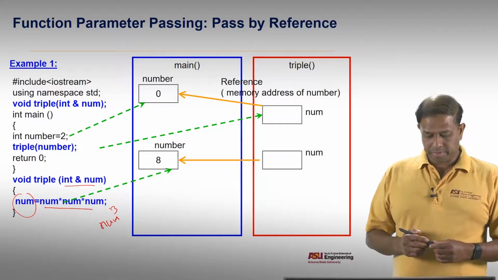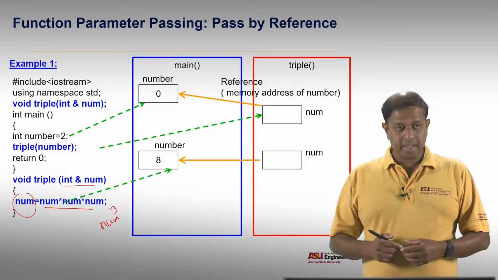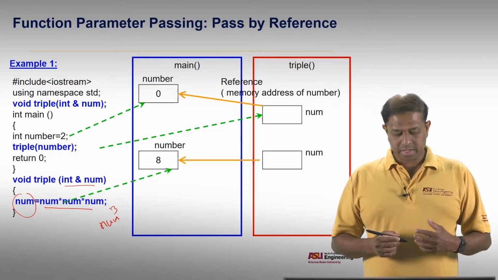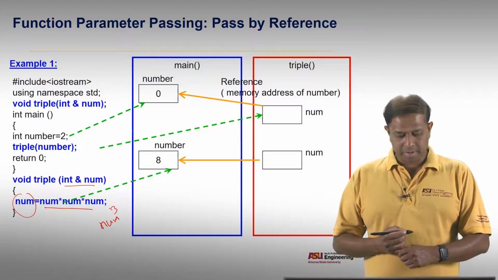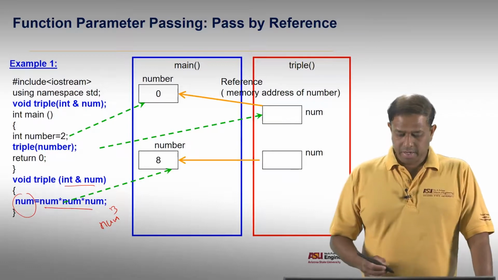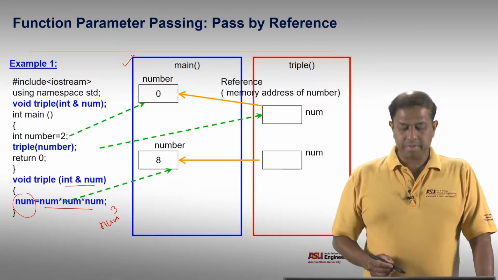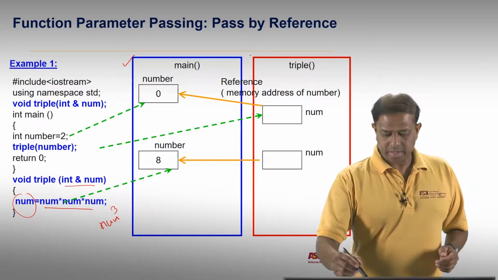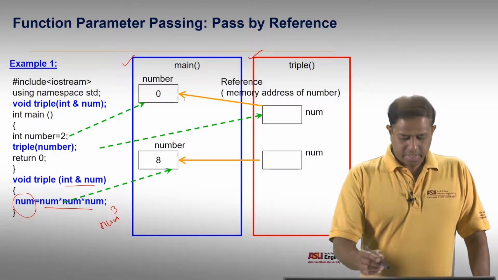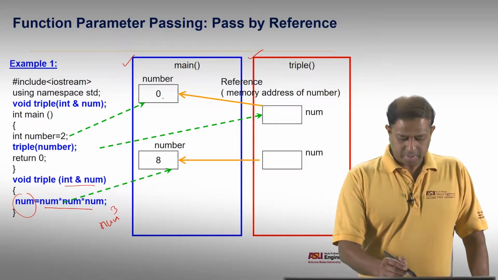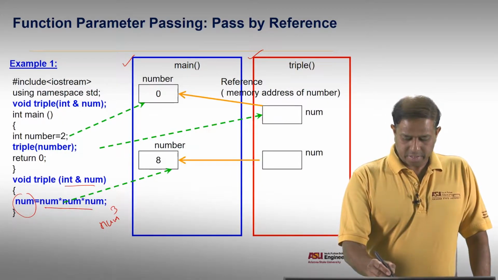Now if I run this program and see what happens, this is the operation that happens when I'm passing data as a reference. When we allocate memory, we allocate memory for the main function and the triple method separately in the computer memory. Inside the main method there's a variable called number, and its initial value is 2.